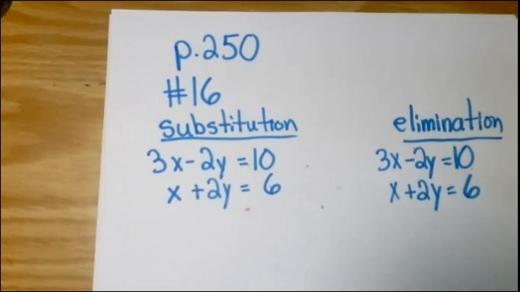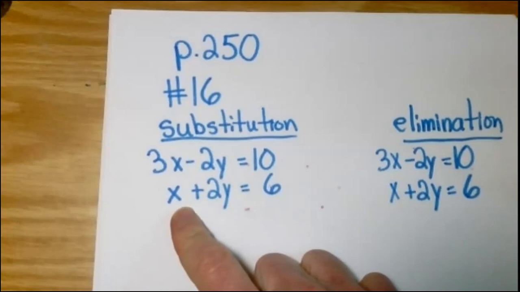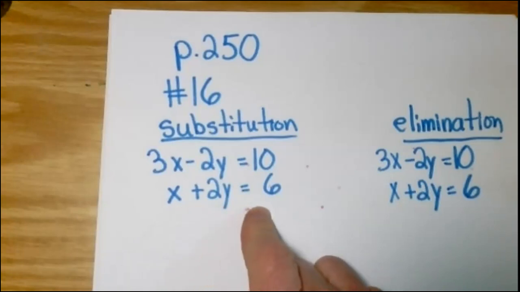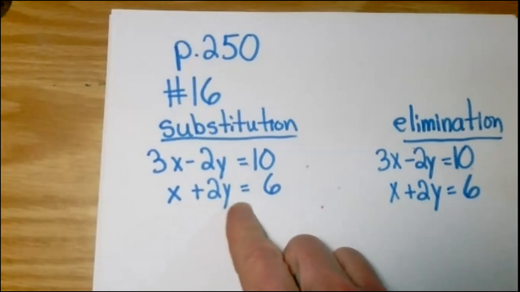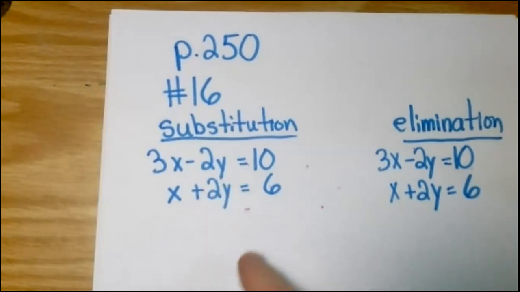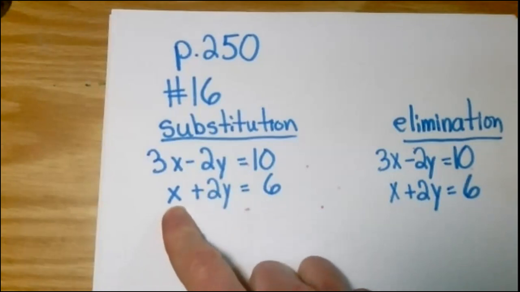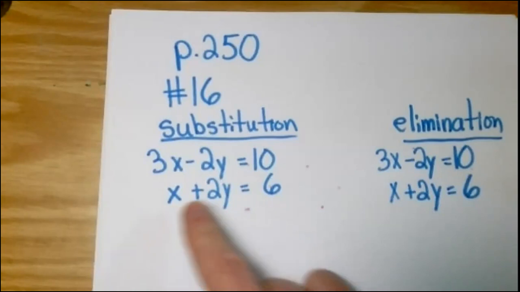So we're going to try the substitution method. That's the last lesson, so let's do that first. In order to do that, we need to get one of the variables by itself. We could do y equals mx plus b, but then I'm going to end up with a little bit of extra work because I have to get rid of my 2. So I'm going to just have x equal something.